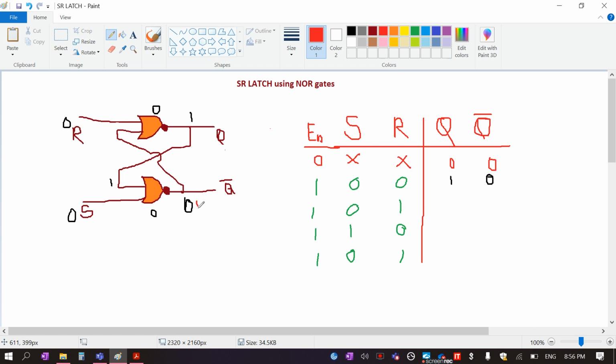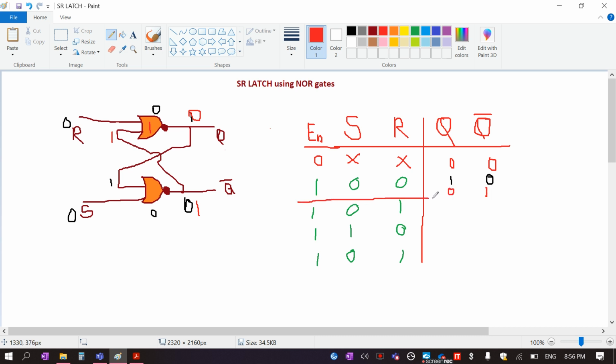So 0 will become 1. The 1 again inputs to here, right? So again this 1 and 0, 0 plus 1 is 1. So 1 and then it is a NOT gate, so we'll get a 0. So 0 and then 1.